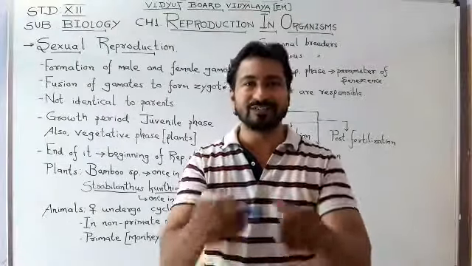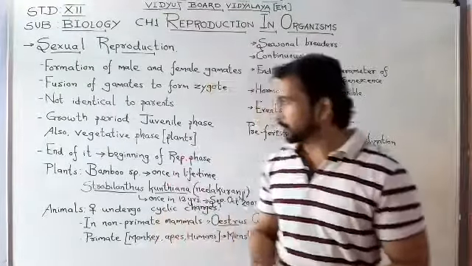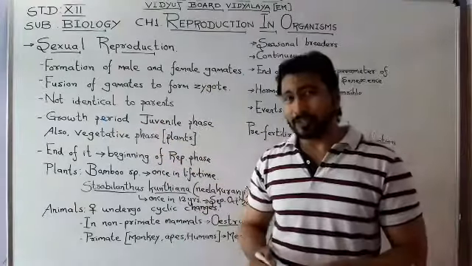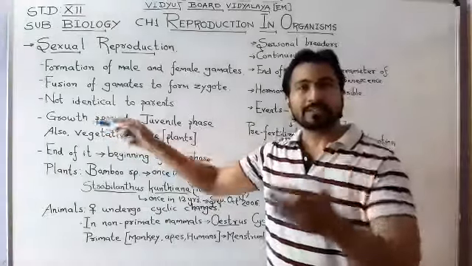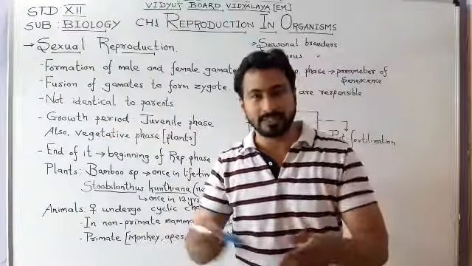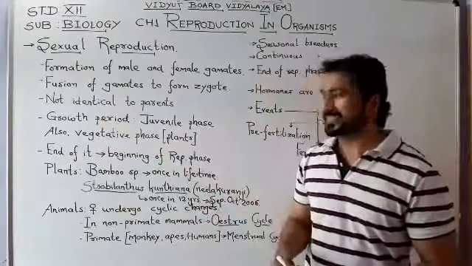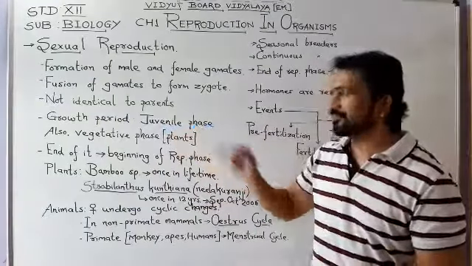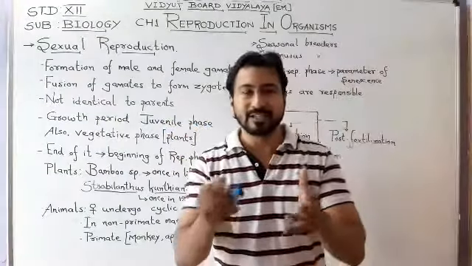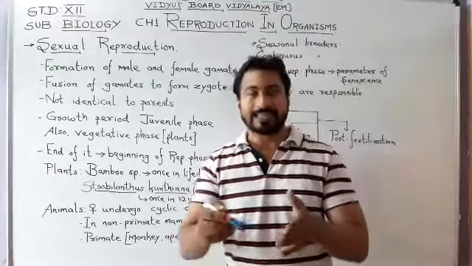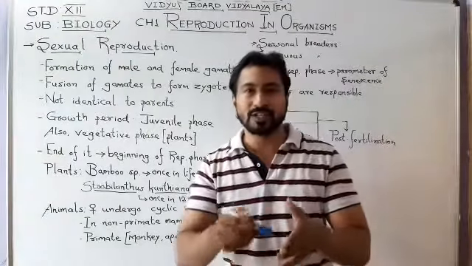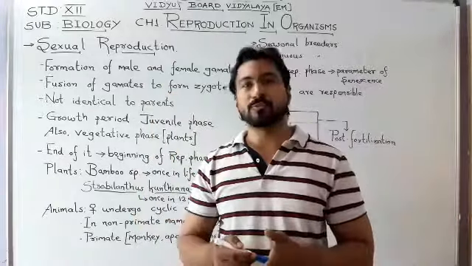Differences are definitely there. Further, in order to reach sexual maturity, the growth period which is found in various organisms is said to be the juvenile phase, specifically in case of the animals. That is the time during which they attain sexual maturity.